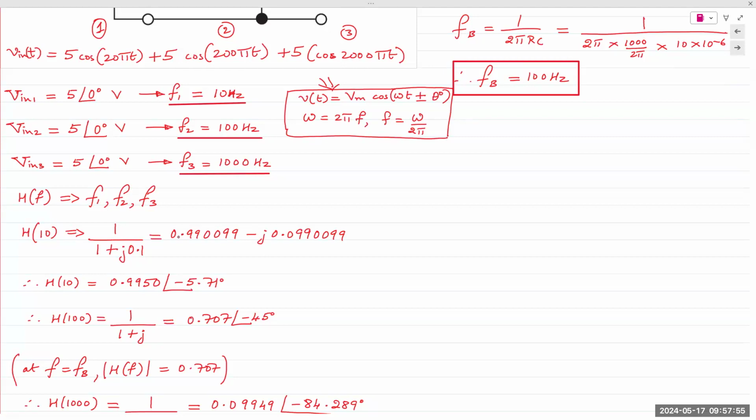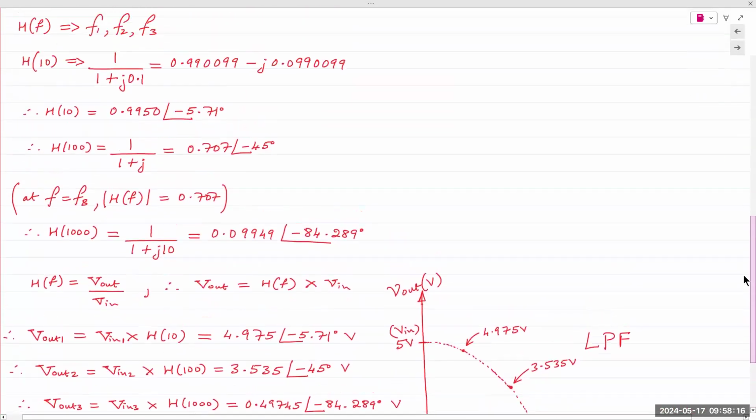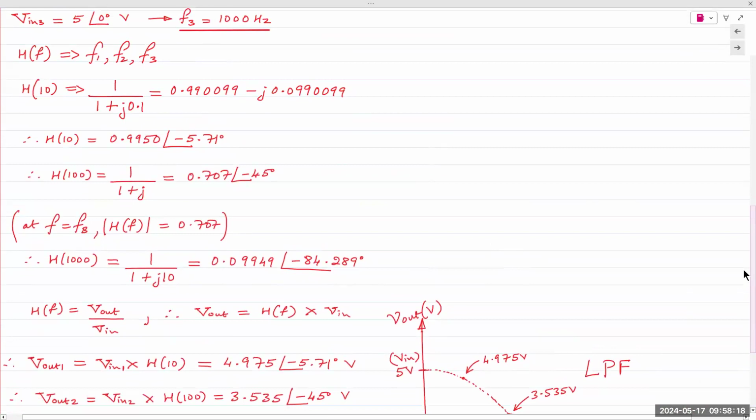But as engineers, you want to find actual, precise, accurate values. So I went 4, 5, 6 decimal places so I can differentiate between each step. So 0.990099, and the same thing for j.